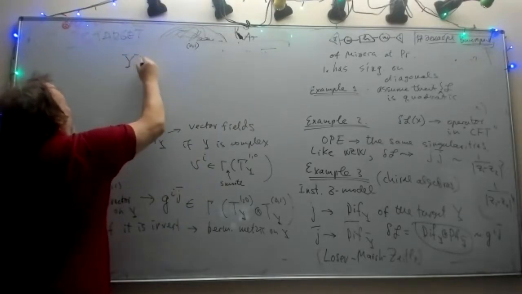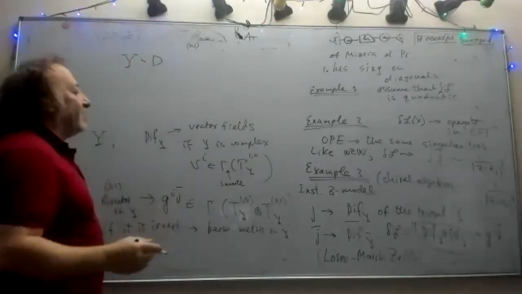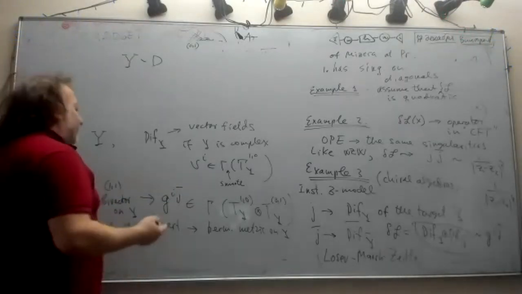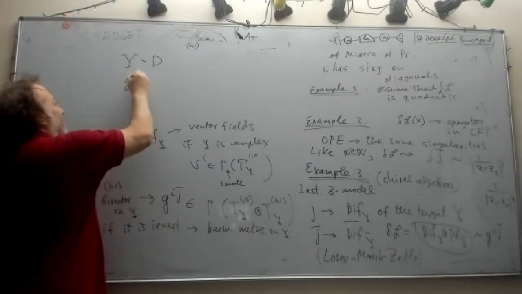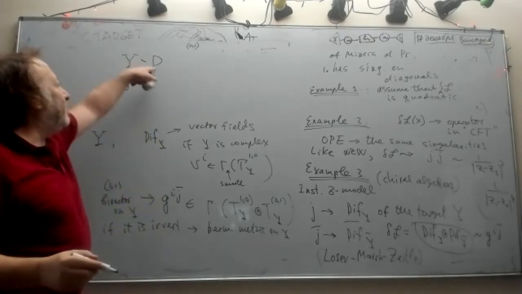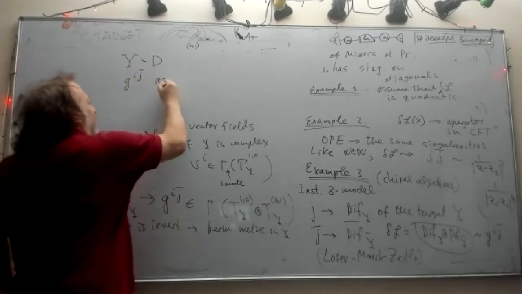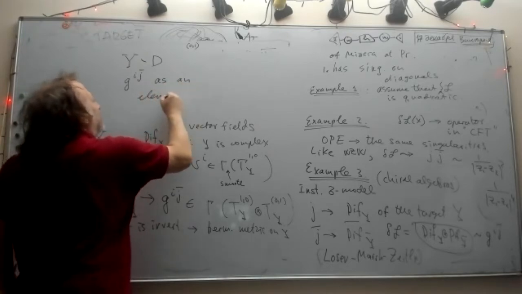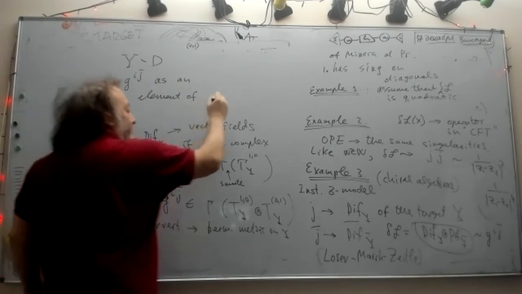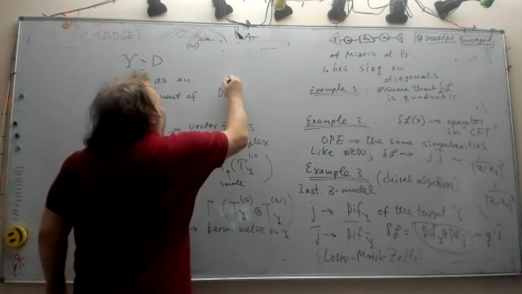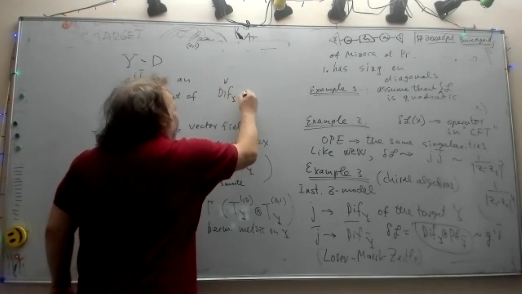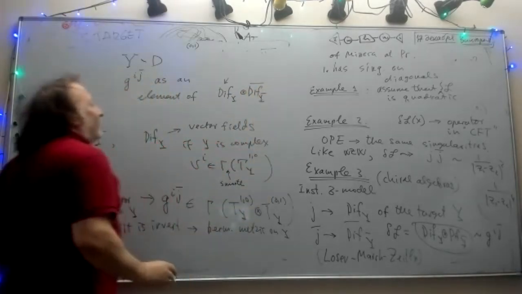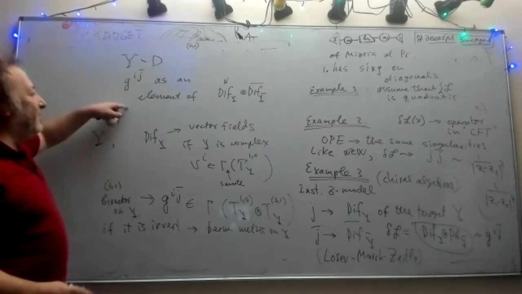So I take Y. I cut out some divisor, a very different divisor, such that I would like to understand G^{i j-bar} on Y minus D as an element of holomorphic differentiations of Y tensor anti-holomorphic differentiations. What do I mean by this?